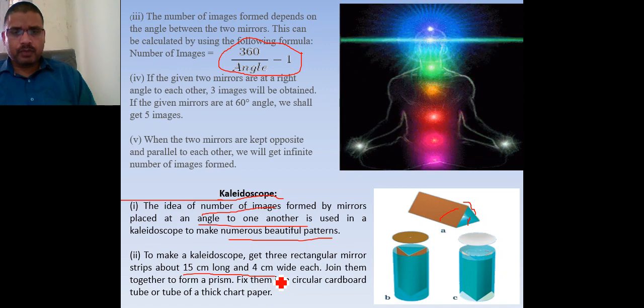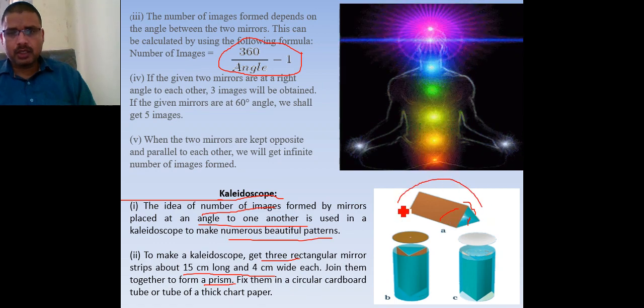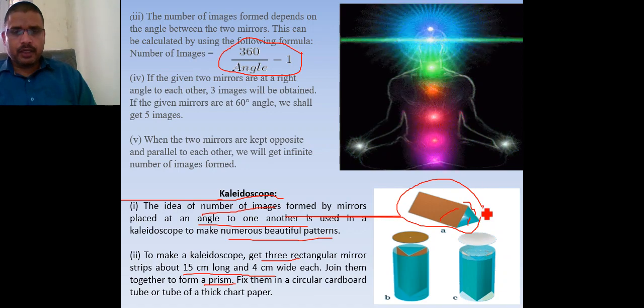With that, you will find this kind of structure, and fix it in a circular cardboard. This is the circular cardboard. Fix the rectangular mirrors in a circular cardboard tube, or a tube of thick chart paper. You can also take a thick chart paper and wrap it.